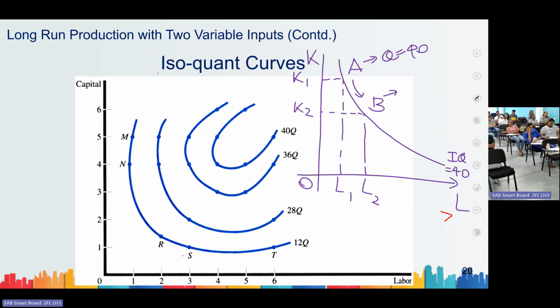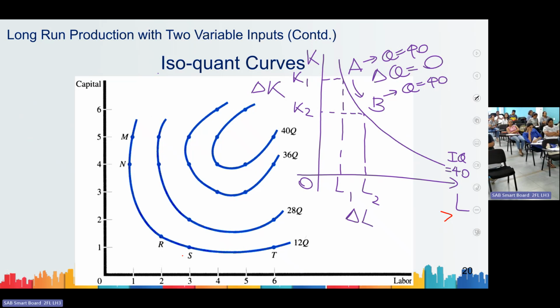At point B, the firm can also produce 40 units. So as a result of this movement, is there any change in output? No, the change in output is 0. Here the change in capital is delta K. Here the change in labor is delta L.